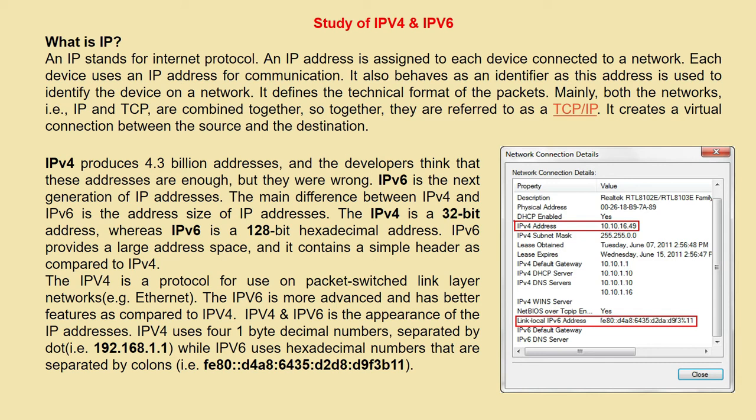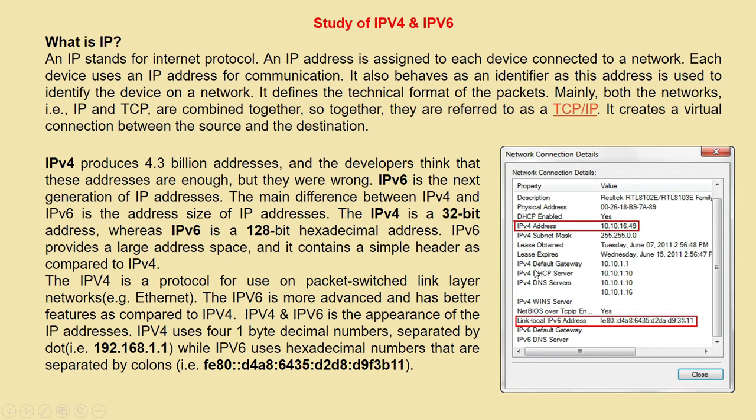While IPv6 uses hexadecimal numbers that are separated by colons, just like FE80, then the two colons, then D4A8, then the colons. In such a manner, this address is related to v6, whereas v4 uses four 1-byte decimal numbers. So four sections are there: 192, 168, 1, 1. See this example.